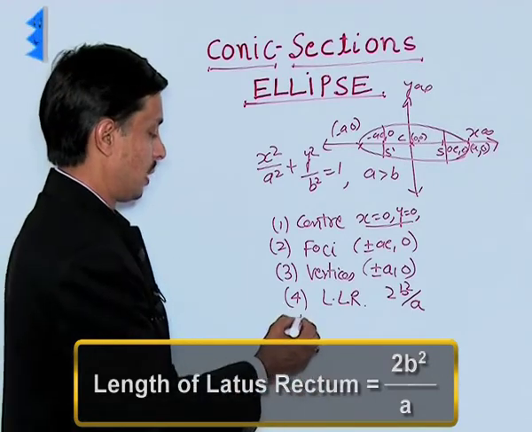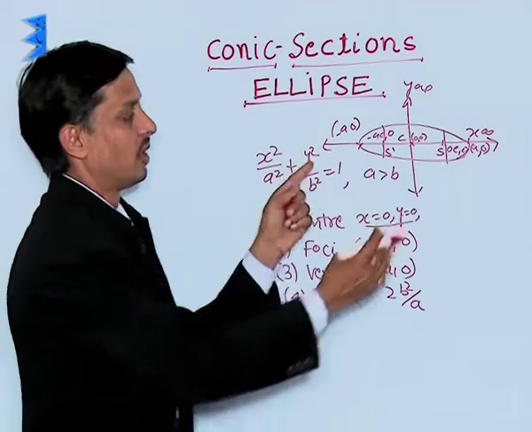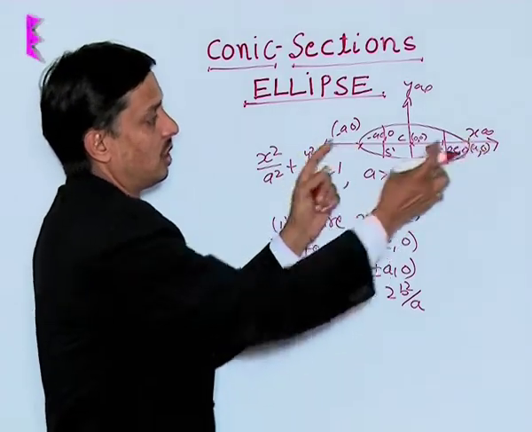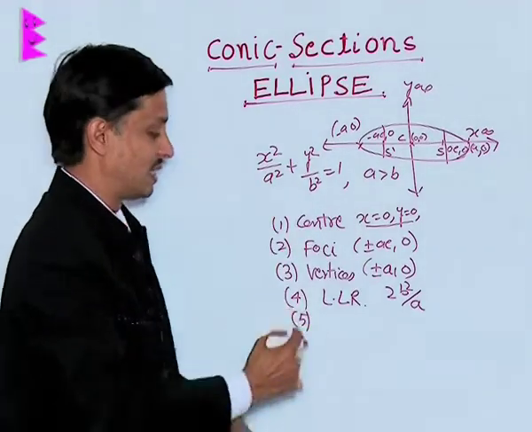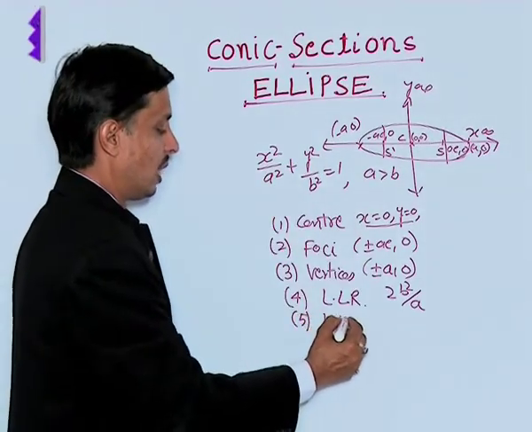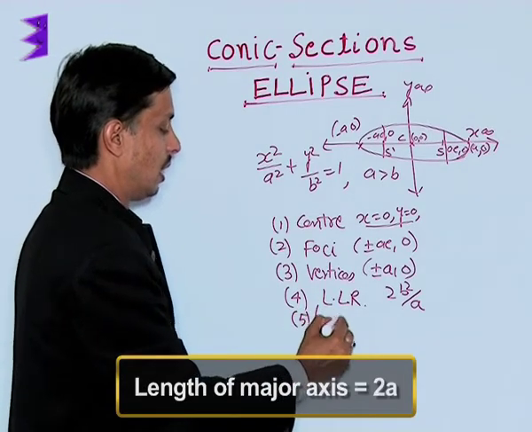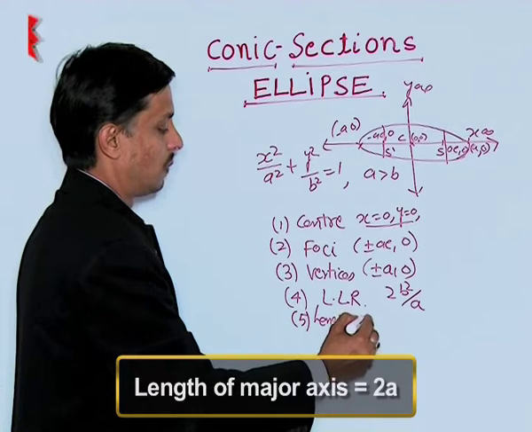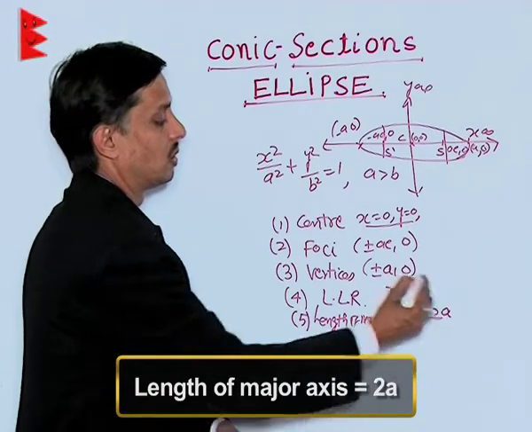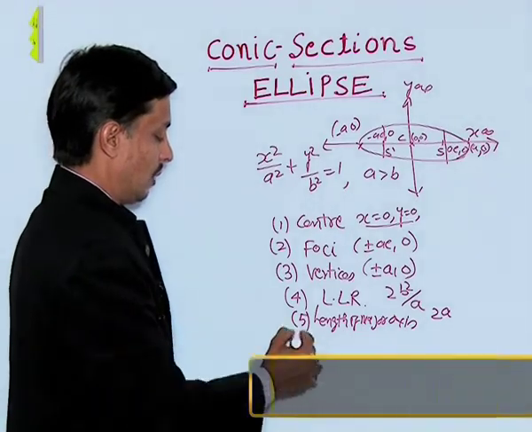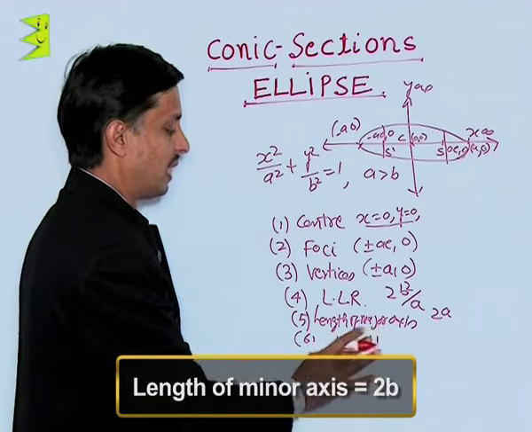2b square upon a. Then, the portion of the x-axis enclosed in the ellipse is known as the major axis. So the length of the major axis is 2a. Then we come to the length of the minor axis.